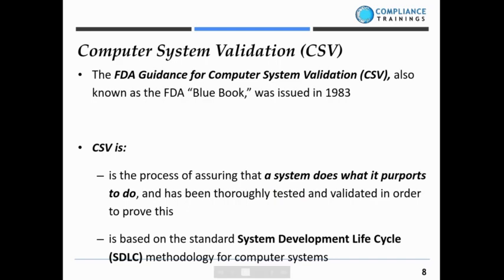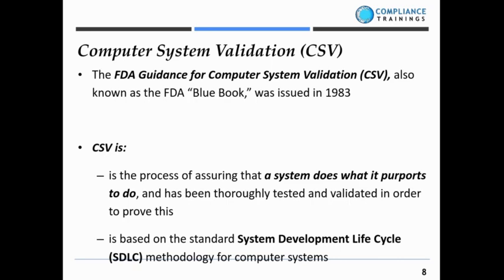Now, computer system validation was introduced by FDA in 1983 through the Blue Book. It was the guide for computerized systems in an FDA-regulated environment. CSV is the process of assuring that a system does what it purports to do. That's the language the FDA uses. It shows that you've thoroughly tested and validated the system in order to prove that it does what it purports to do.